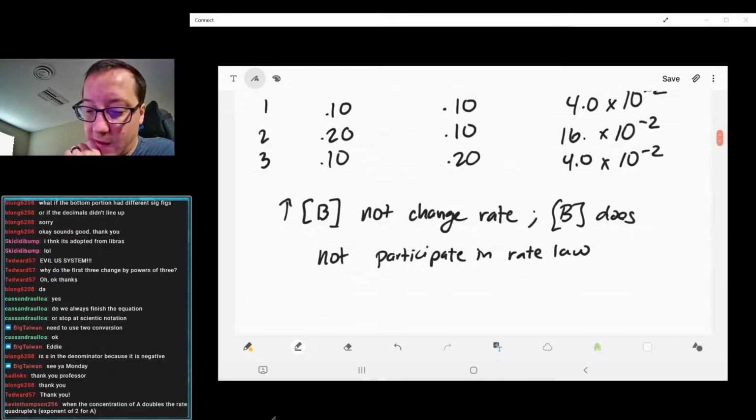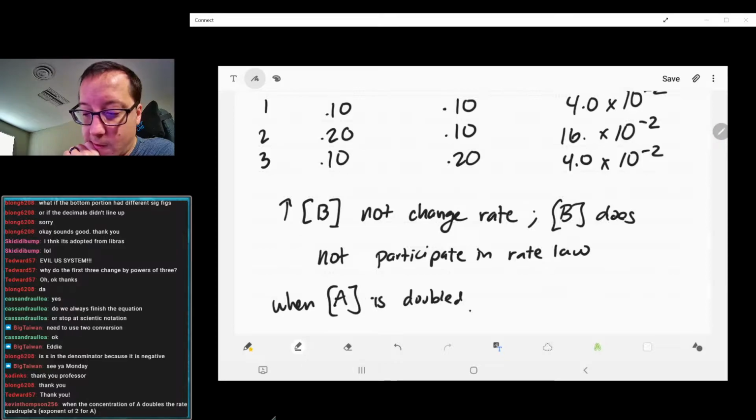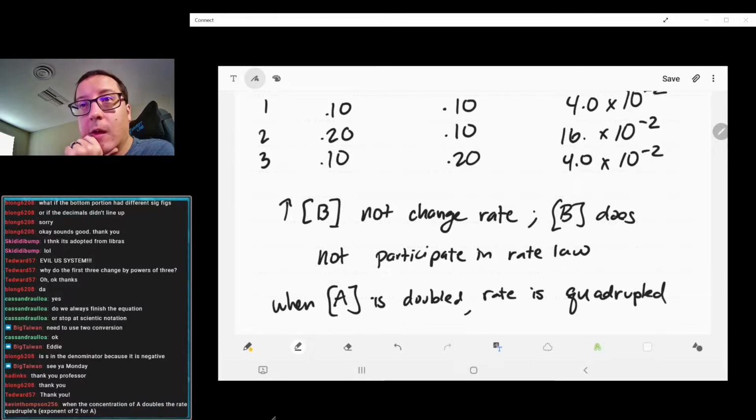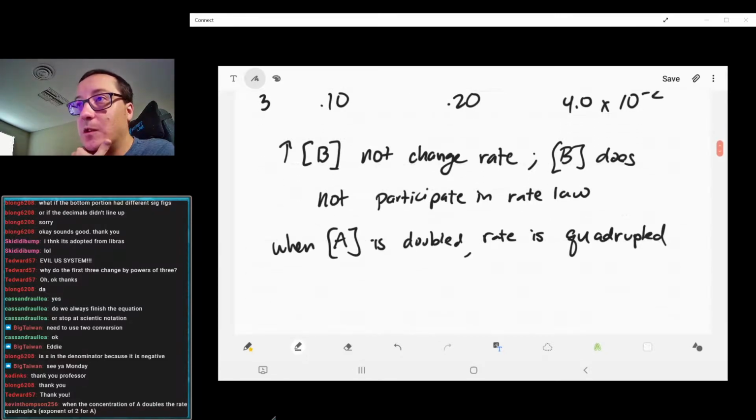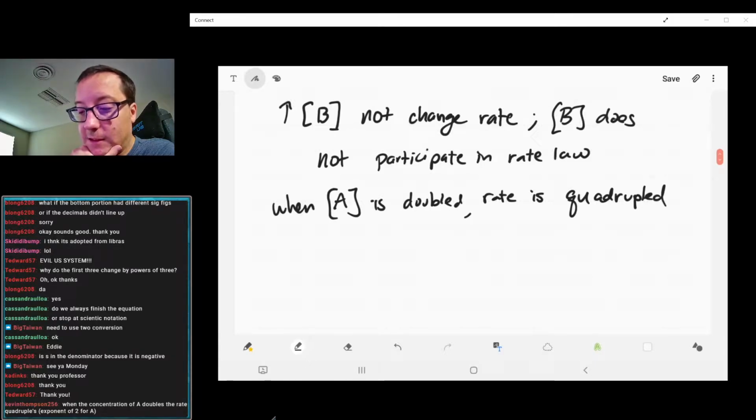So when A is doubled, rate is quadrupled. Exactly. So Kevin has already done the answer here. And so as a result, we can say that in fact it's A squared that is going to be playing into our rate law.